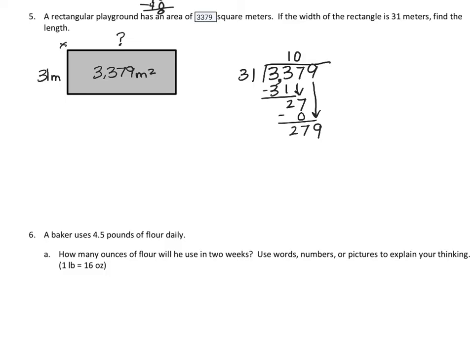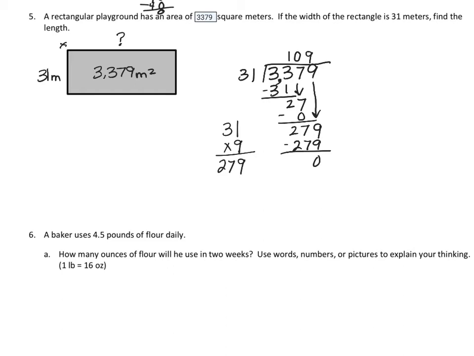And, well, looks like 31, well, that's close to 30. And 279, that's close to 300. It would go into it around 10 times, but 10 times I know is going to be too much because 10 times 31 is 310. So let's try 31 times 9. Let's see if that works. Well, 9 times 1 is 9. 9 times 3 is 27. Looks like that works. So we'll put 9 here. 9 times 31 is 279, and we have found the length of our other side.